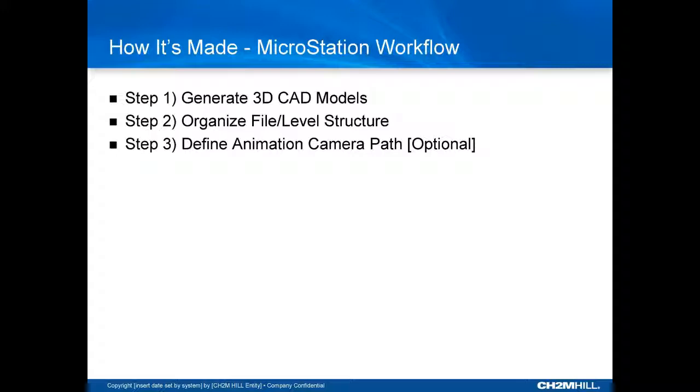Now, just by virtue of you generating the models, you're already going to have a file and level structure in place, but it may not be the structure that you want to deliver in this 3D PDF. So that's another extra step that you need to do if you want to change the way that it's organized. And then finally, optionally, if you'd like to have one of those canned animations, a drive-through in it, you've got to define that camera path.